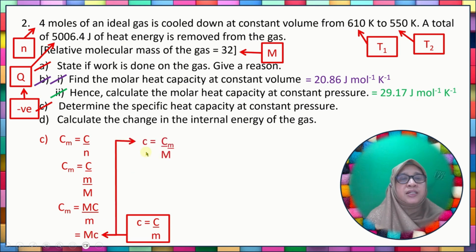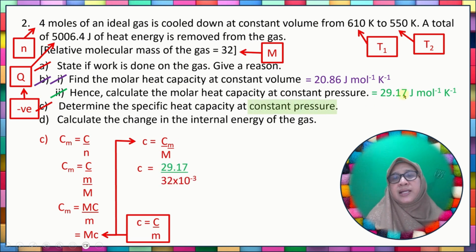So specific heat capacity will be molar heat capacity over molar mass. We substitute the molar heat capacity at constant pressure from B2, which is 29.17, and divide by molar mass 32.